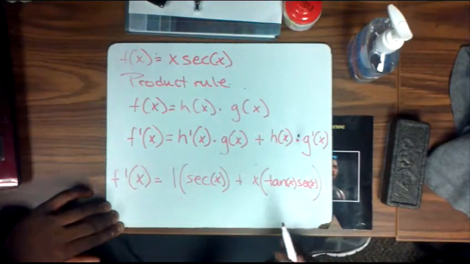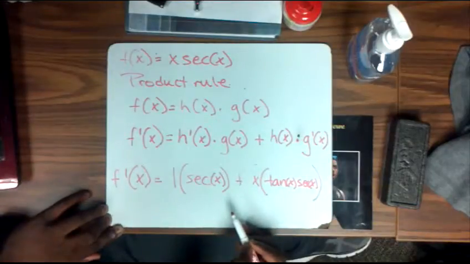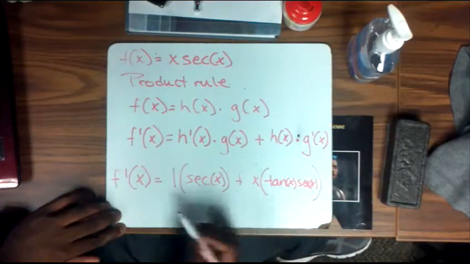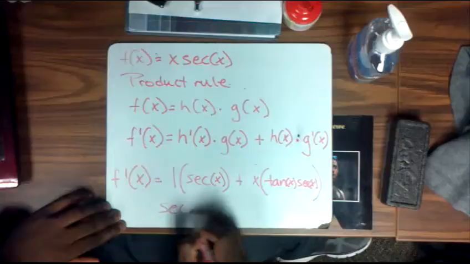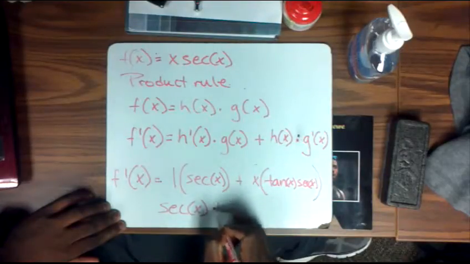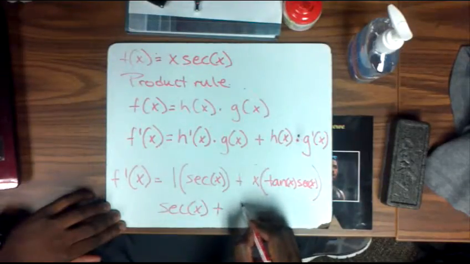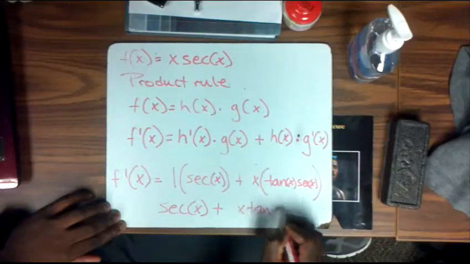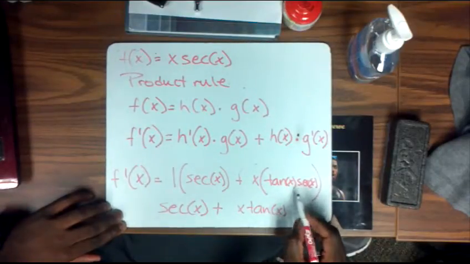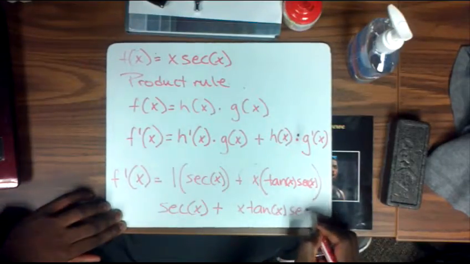And all this is supposed to equal just secant of x plus x tangent of x times secant of x.